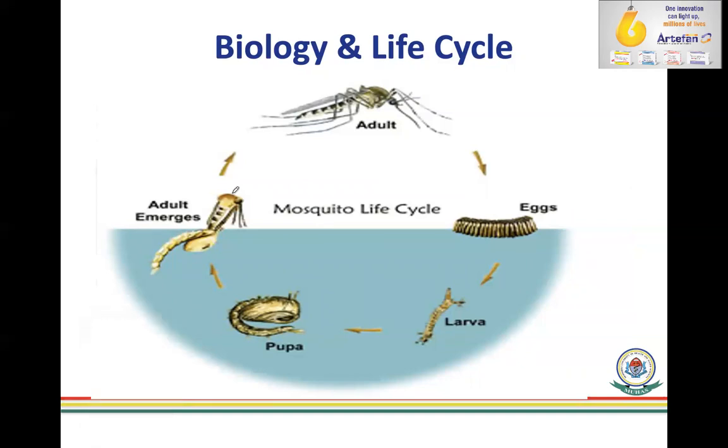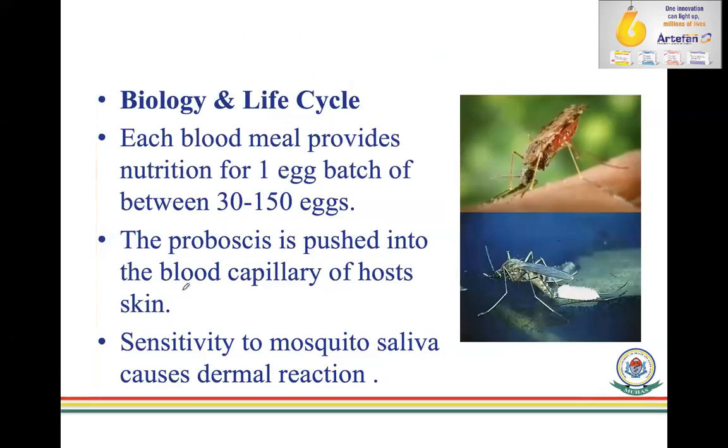That's when the females get pregnant, and then they go and bite you and connect to the human life cycle of parasites, as I had previously shared with you. Then they lay eggs, and they continue. Each blood meal gives them the ability to nourish one batch of eggs, between 30 to 150 eggs.